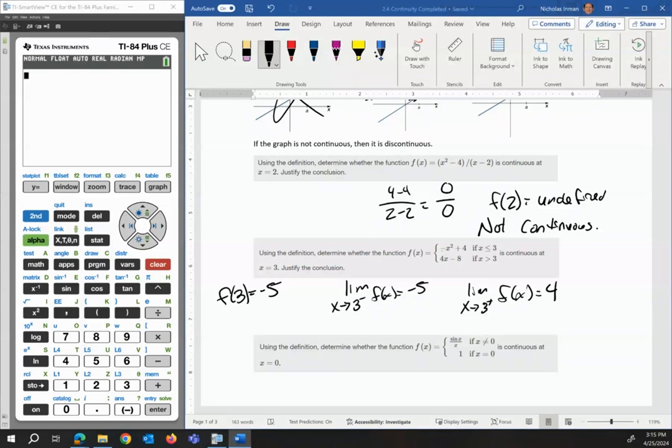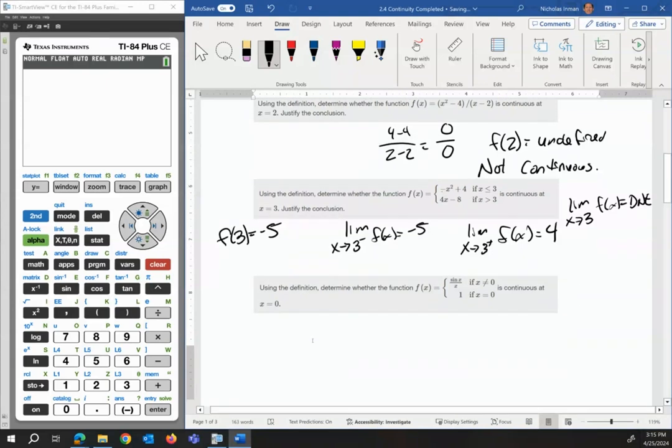And there's our problem. The right side and the left side aren't the same, so not continuous. Our overall limit does not exist, so this thing is not continuous.